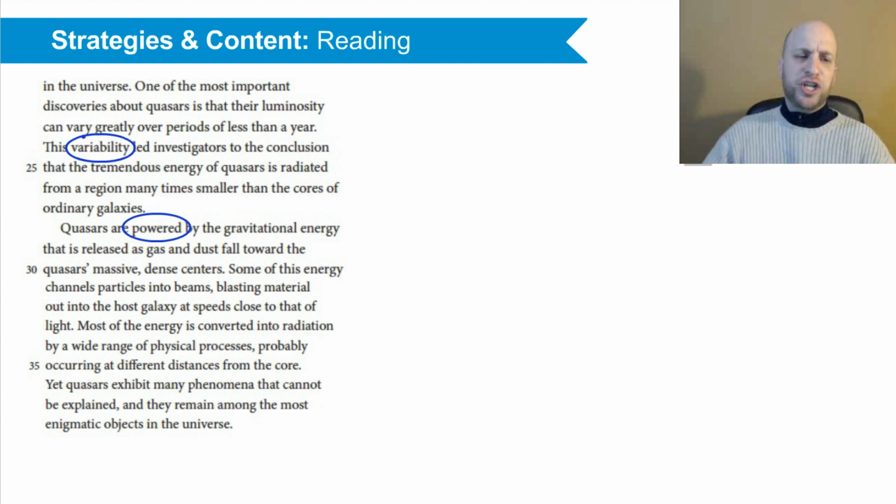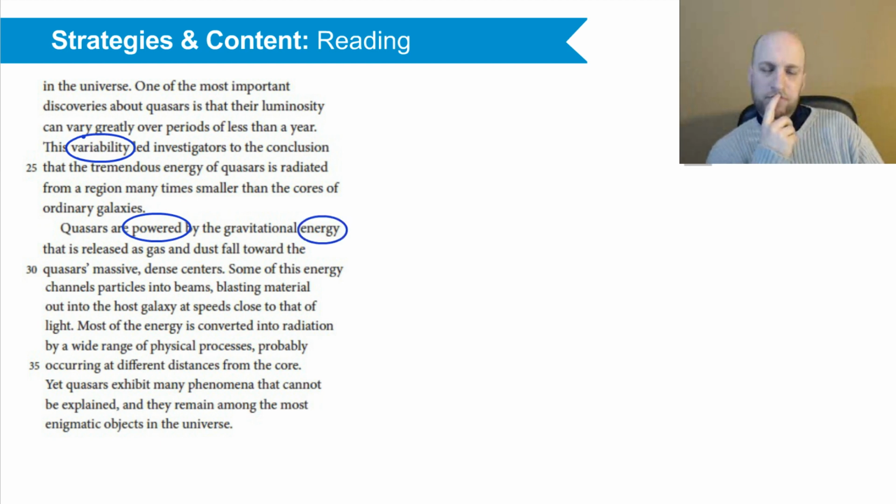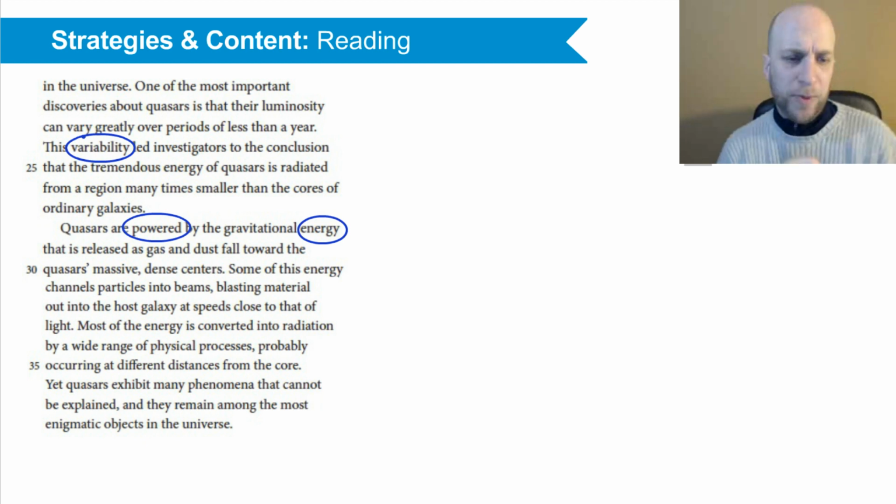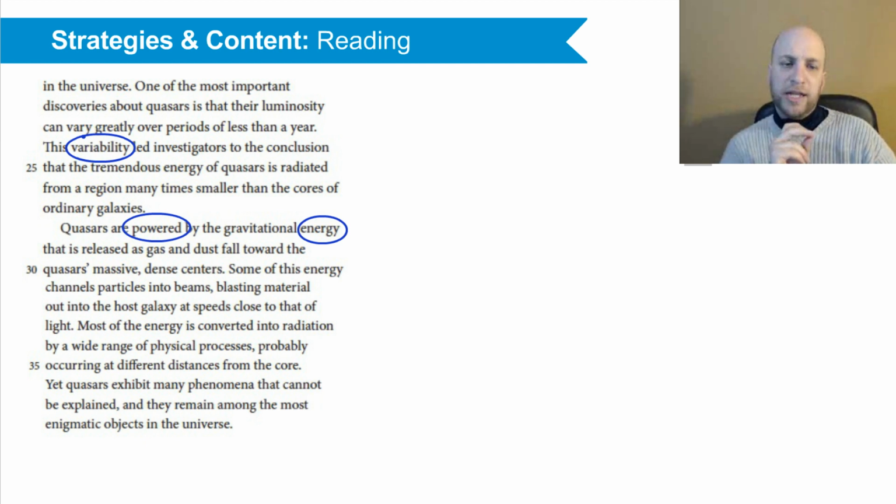Some of this energy channels particles in beams, blasting material out into the host galaxy at speeds close to that of light. Most of this energy, okay, so they're still talking about energy. Maybe I'll go back and circle that. Most of this energy is converted to radiation by a wide range of physical processes, probably occurring at different distances from the source. Oh my gosh.